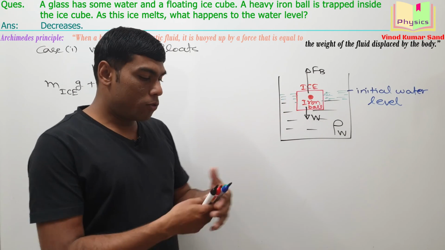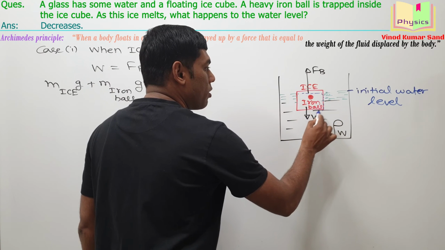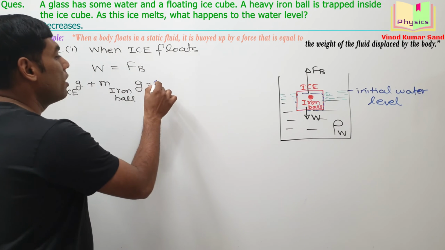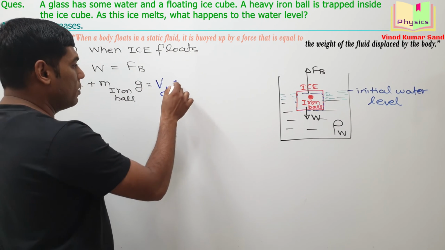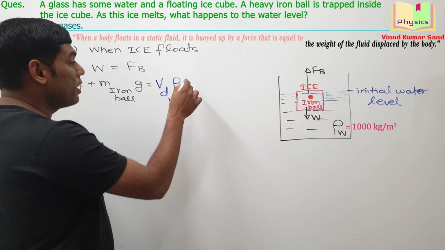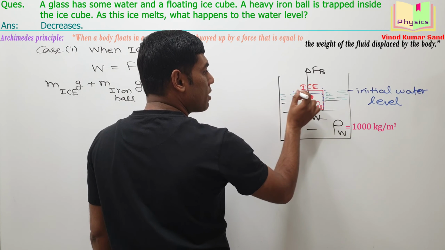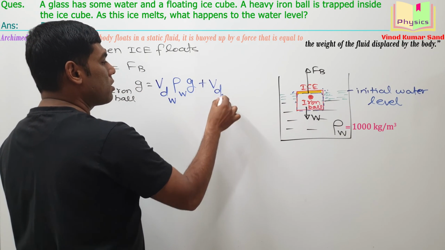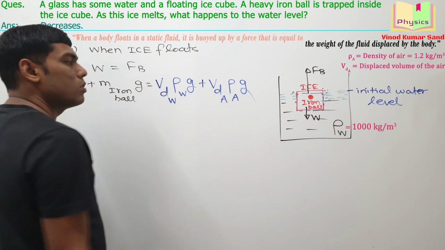So for the weight of the fluid displaced, I should first write the weight of the water displaced by the ice cube. Weight of the displaced water will be the volume of the displaced water, density of the water, into g. As well, the ice is displacing some amount of air also. So volume displaced of the air into density of the air into g.